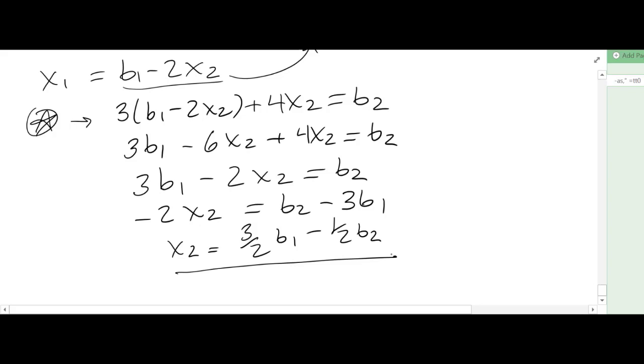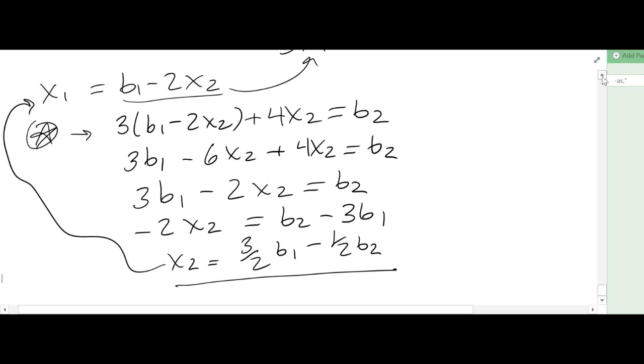So that's x2. Now we can take that and put it back into the equation we have for x1. We have x1 equals b1 minus 2x2, which is b1 minus 2 times (3 halves of b1 minus a half of b2).